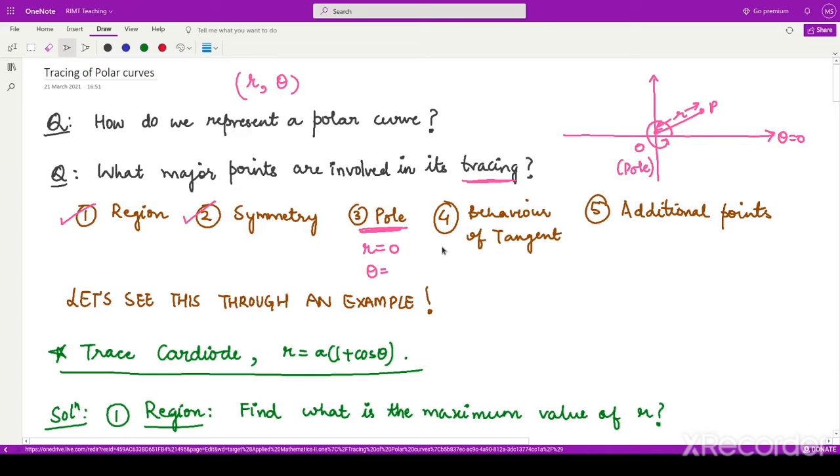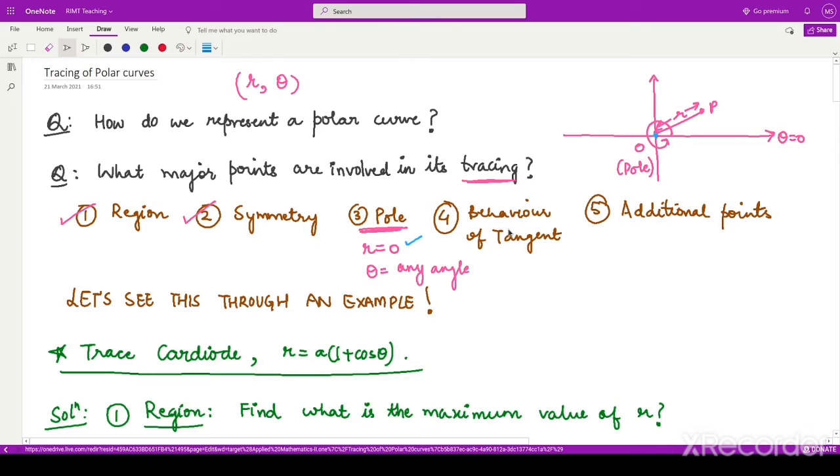So when we talk about the pole, we are talking about this single point. The distance of this point by itself is 0, so r is equal to 0. Moreover, the angle theta here could attain any value, because you cannot measure the angle of one single particular point.